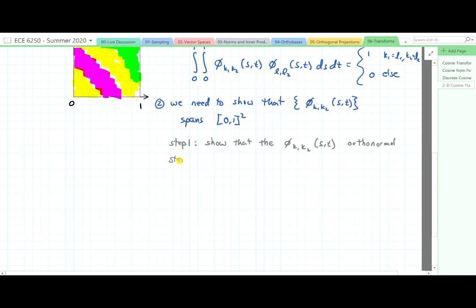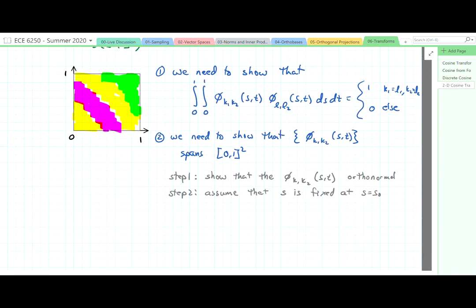So show that these are orthonormal, as we've talked about above. Step 2. And this is really the trick. Assume that s is fixed at s equals s0.